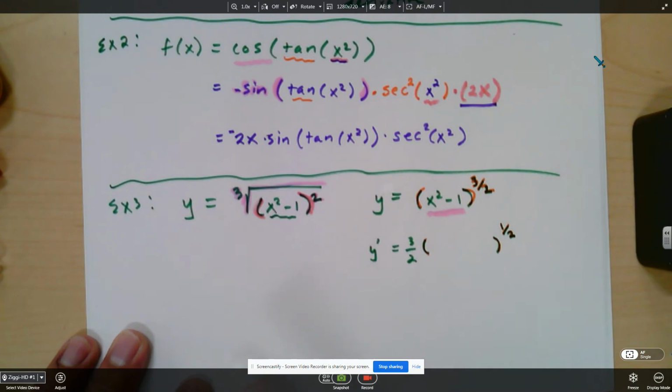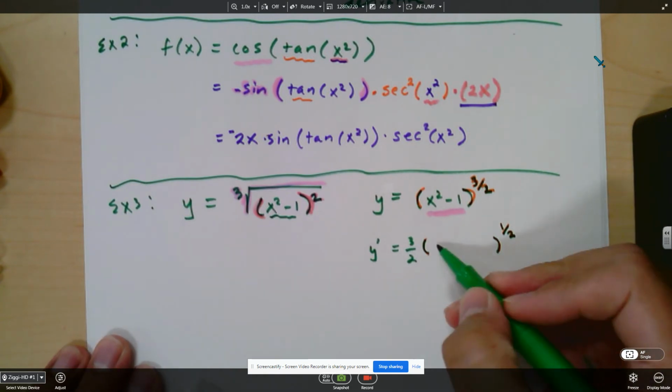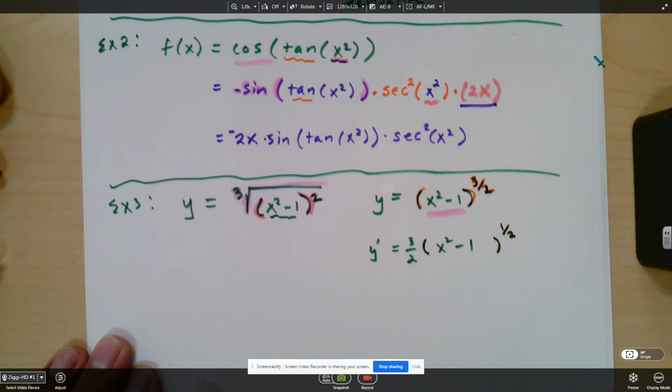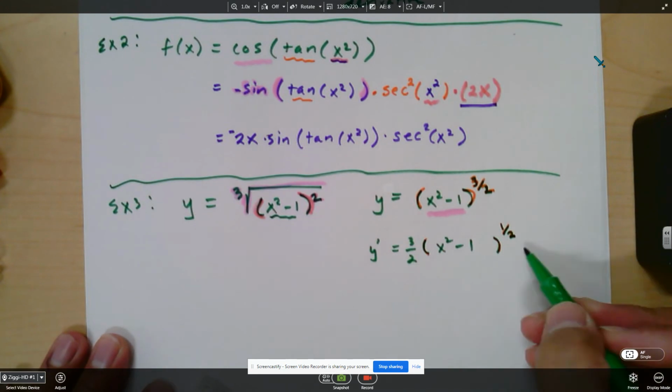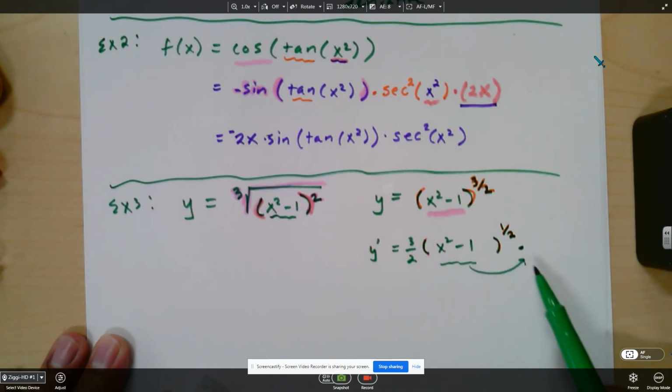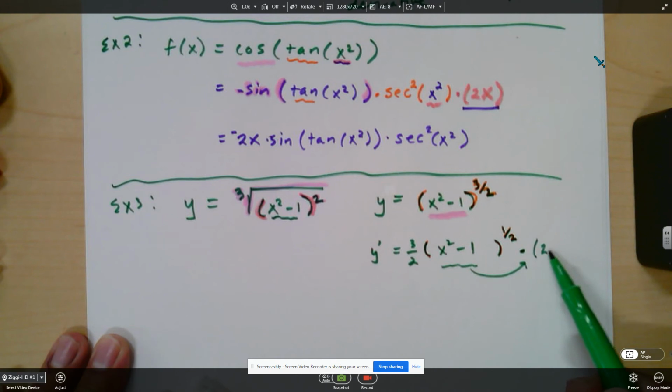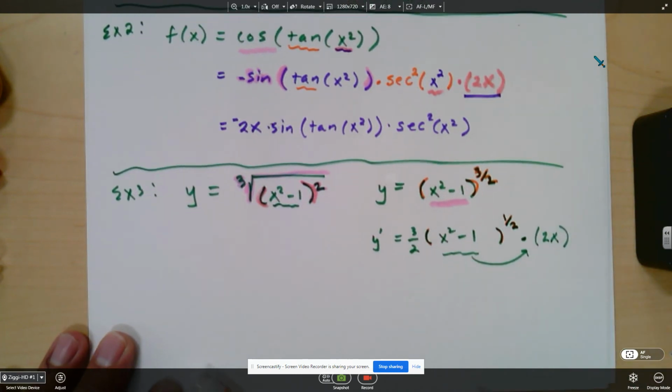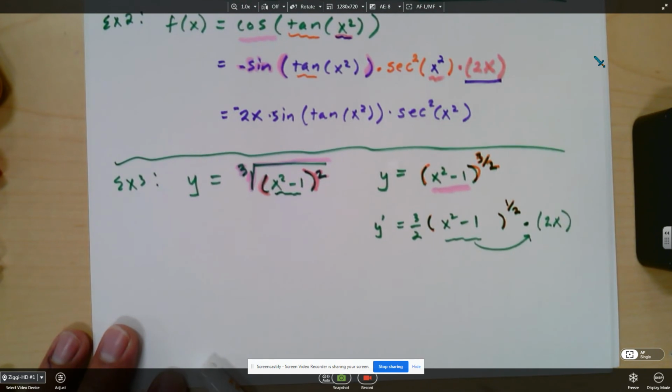And you are not supposed to do anything with the stuff in here yet. Leave it alone. Then you can say multiplied, and then you multiply by the derivative of this inner layer and put it there, which is 2x.